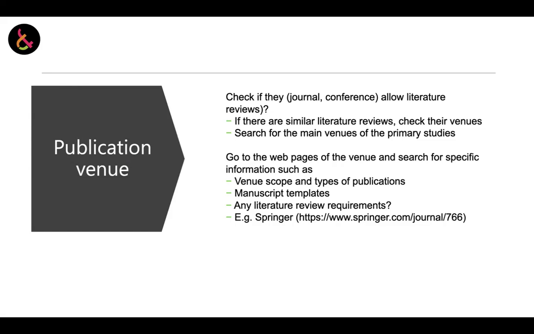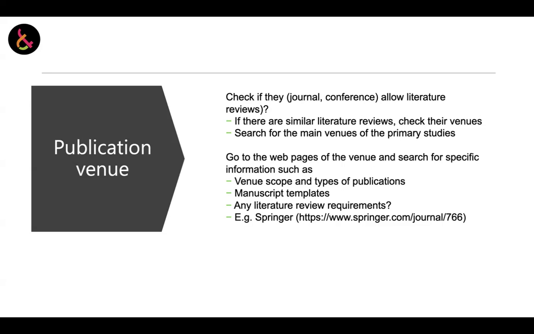One good example is to look into related literature review papers, check the venues where they have published their work, and then think of submitting a paper there. Search for the main venues of the primary studies.